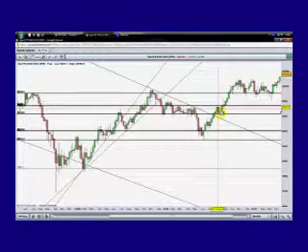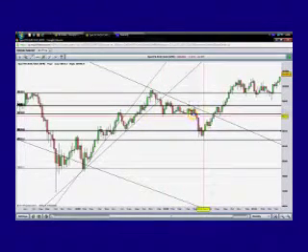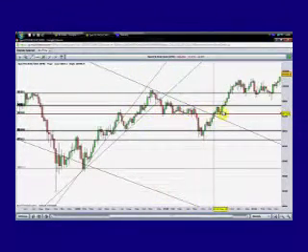You see how the price came back and retested exactly at the junction. There was a support level, this one. You retest that support level also in the zone of this trend line. When you see the price retesting two key levels, you know that this is what they call a hot spot trading zone.